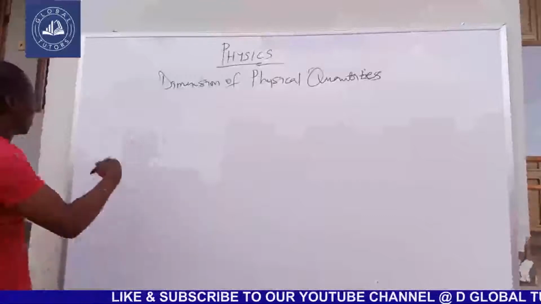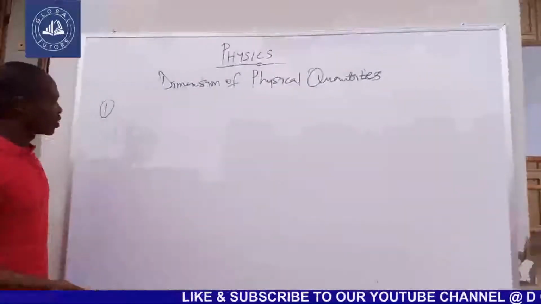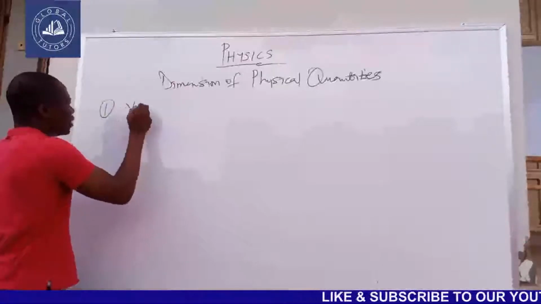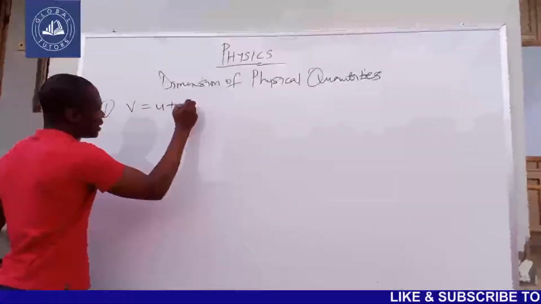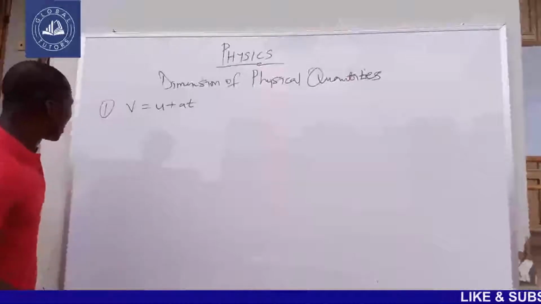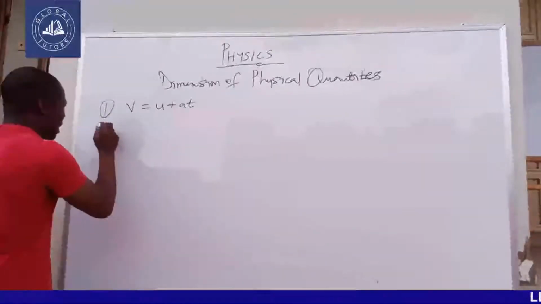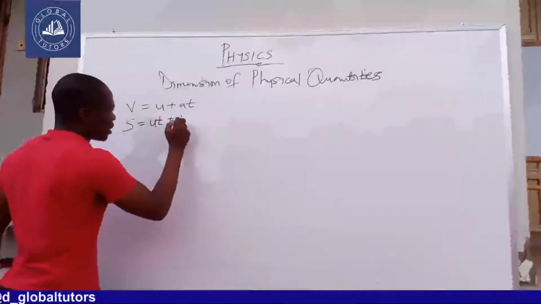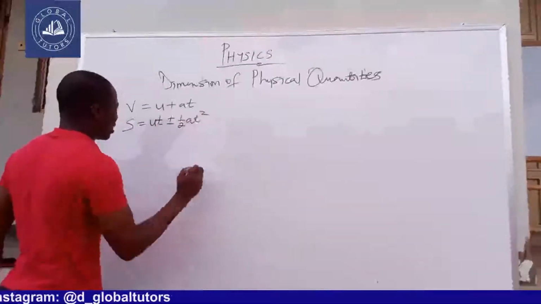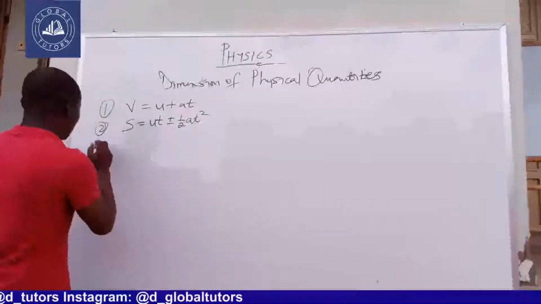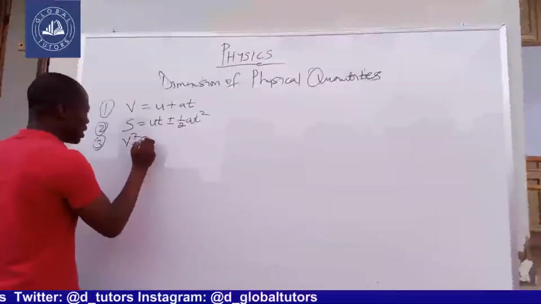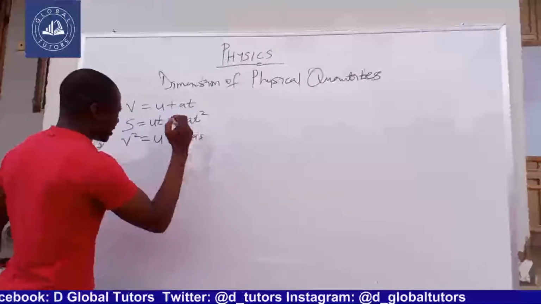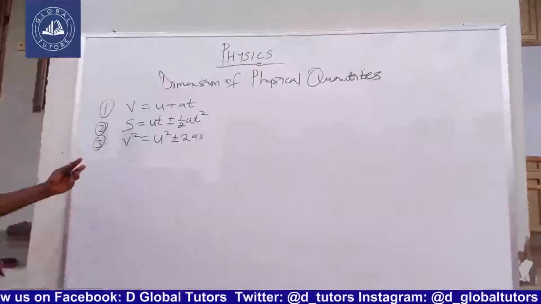One of the equations of motion is V equals U plus AT. We also have another one, which is S equals UT plus or minus half AT squared. We also have, equation number 3, V squared equals U squared plus or minus 2AS. Let's stop at this.